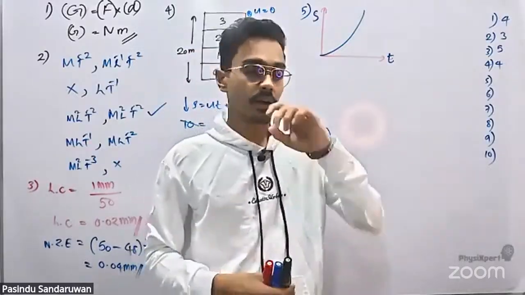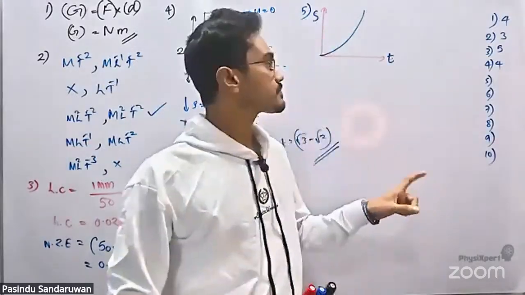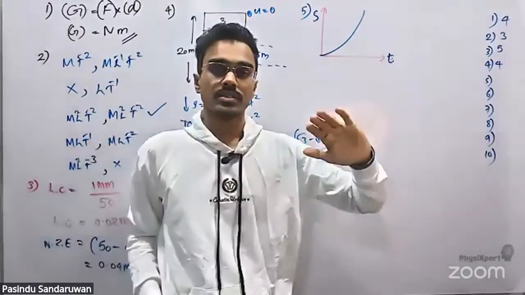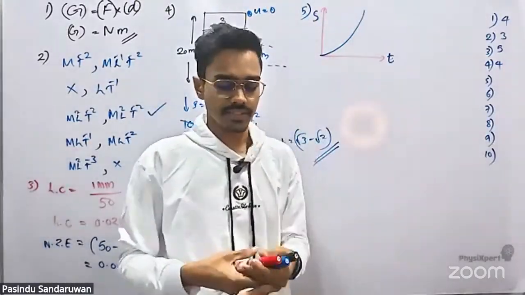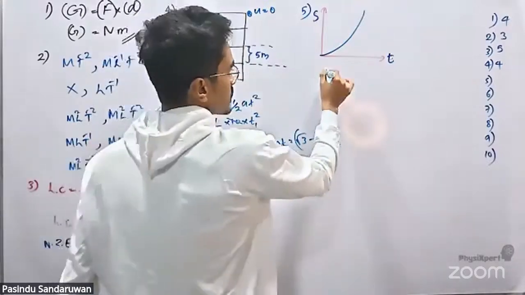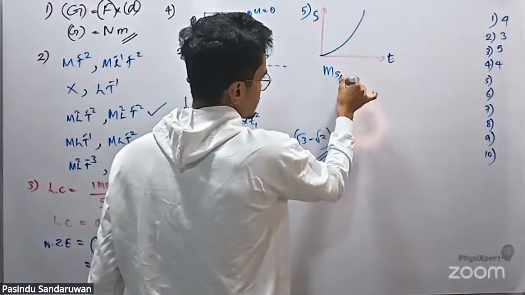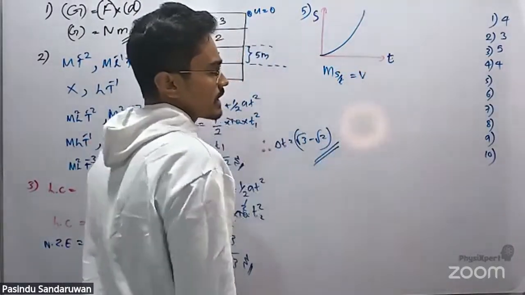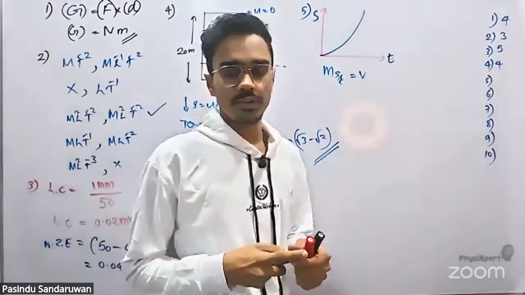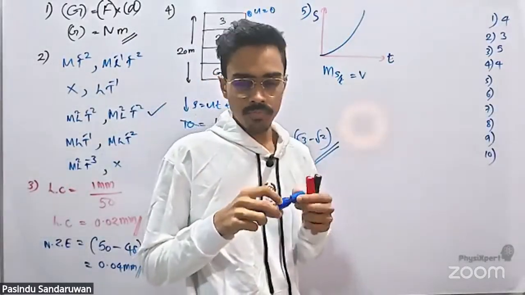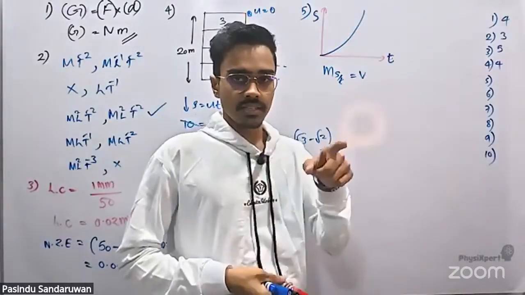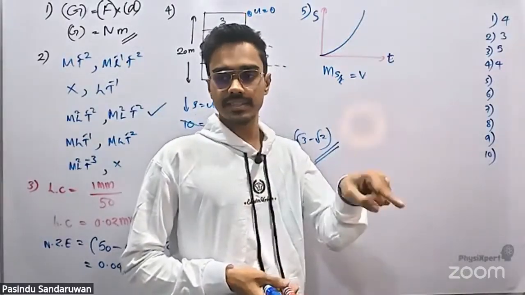Now, to check on that, we know this is an ST graph. So the gradient of ST represents velocity. If there is a uniform velocity, the gradient should be uniform. If there is an acceleration, velocity should be increasing, which means the gradient should be increasing.